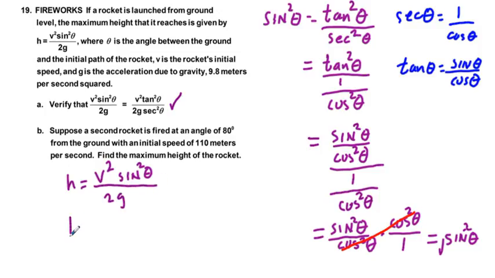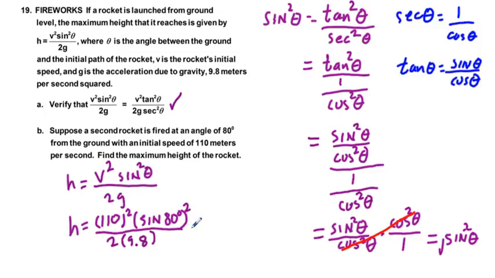We'll fill in the blanks: v, the initial speed, is 110 meters per second, then we have sine of 80 degrees, squared, over 2g, with g being 9.8 meters per second squared.